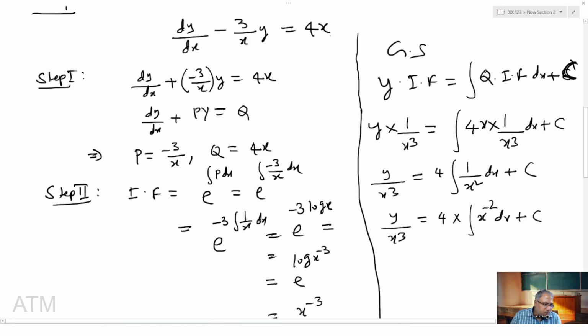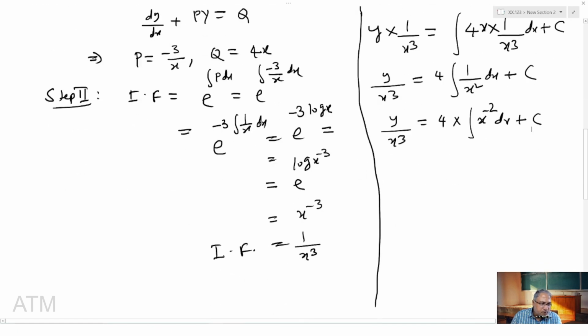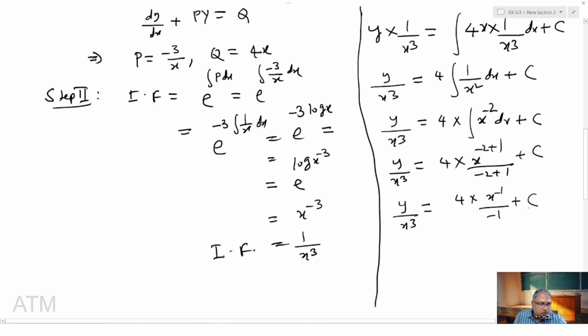Now further simplifying, we get y upon x cube equals 4 times the integration of x raised to minus 2, which is nothing but x raised to minus 2 plus 1 upon minus 2 plus 1, plus c. So y upon x cube equals 4 into x raised to minus 1 upon minus 1 plus c. So that is y upon x cube equals minus 4 upon x plus c.